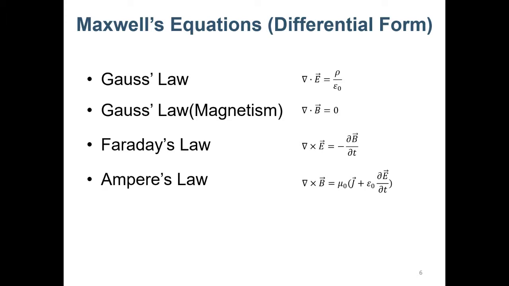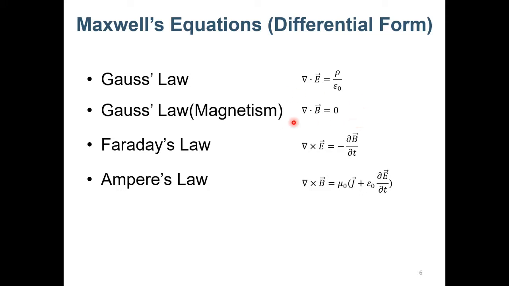Okay, so we jump to the answer first. The differential form of the Maxwell equations will look like this. You have the divergence of E equals the charge density over epsilon 0.